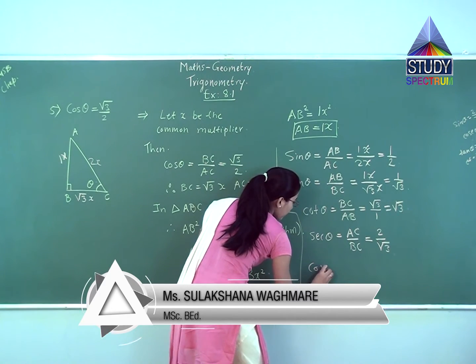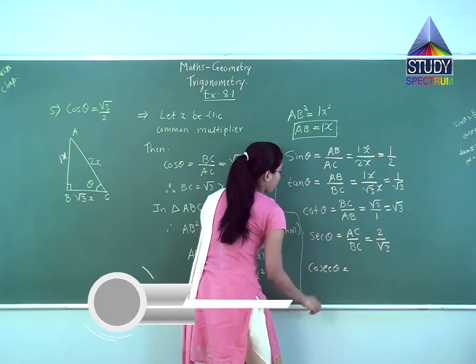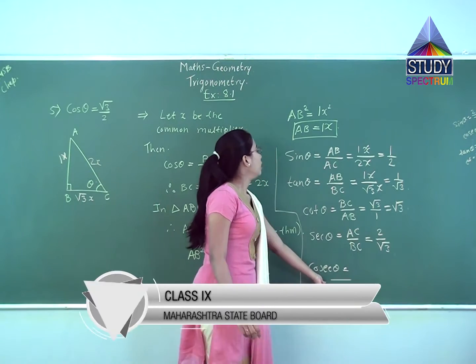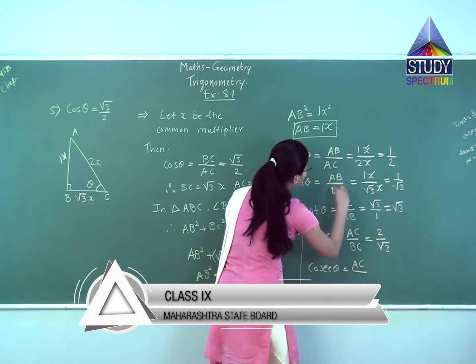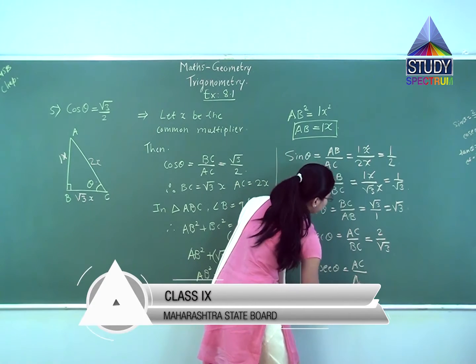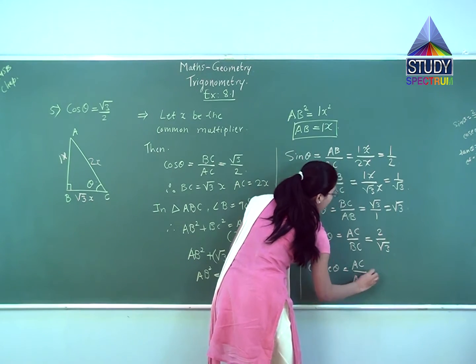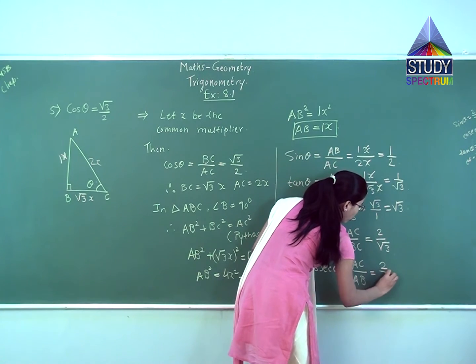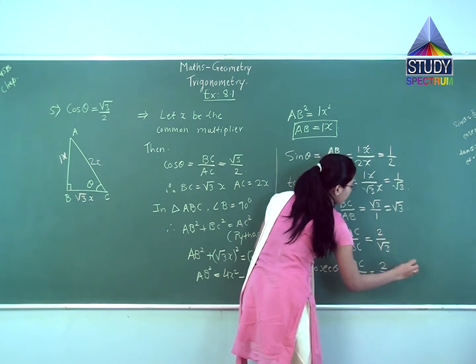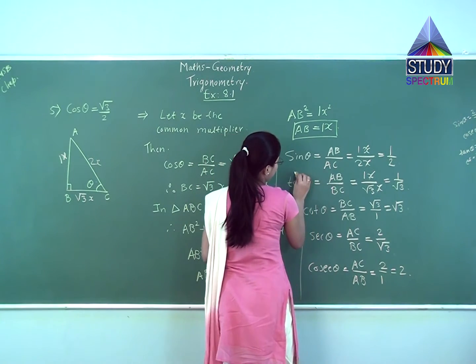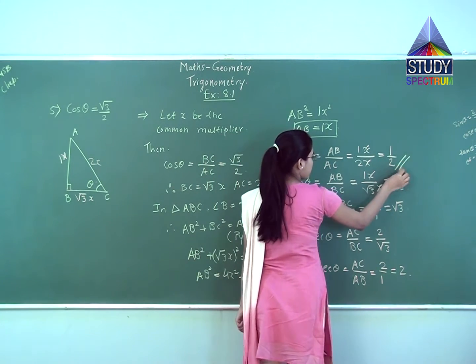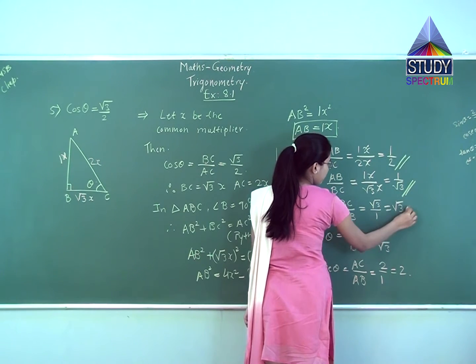And cosec theta, it is the reciprocal of sine. So AC upon AB, that is 2 upon 1, so just 2. We can just simply underline the values.